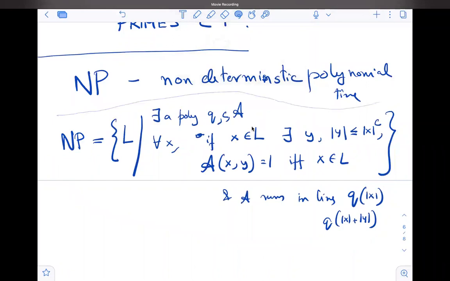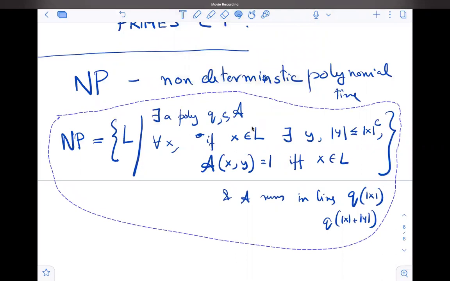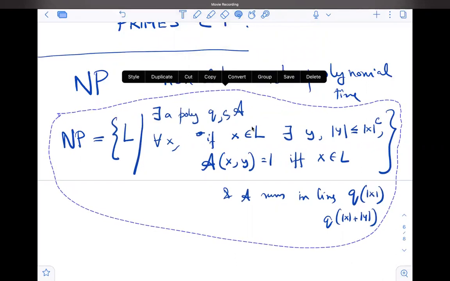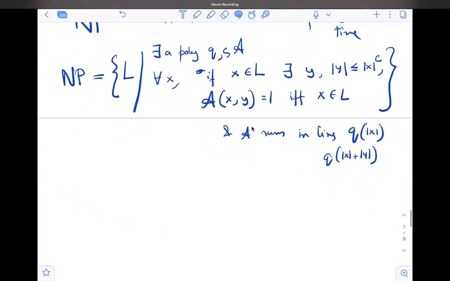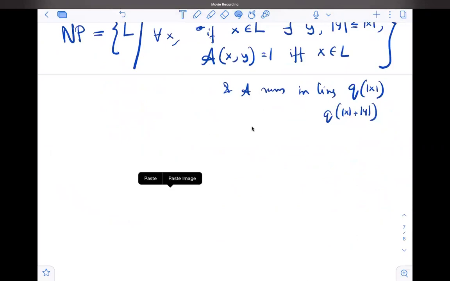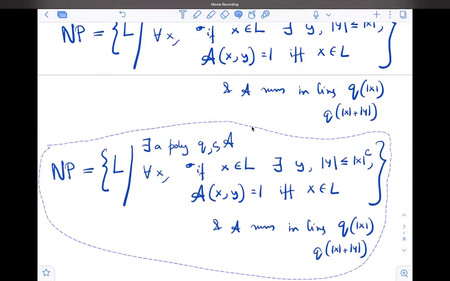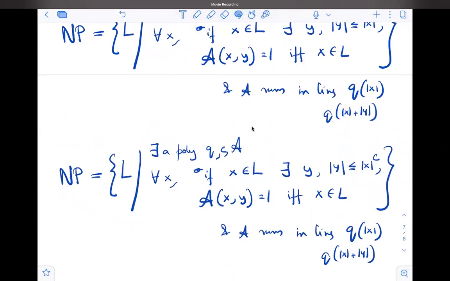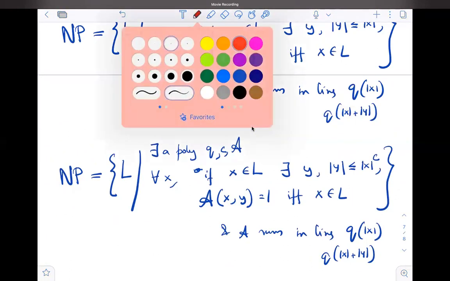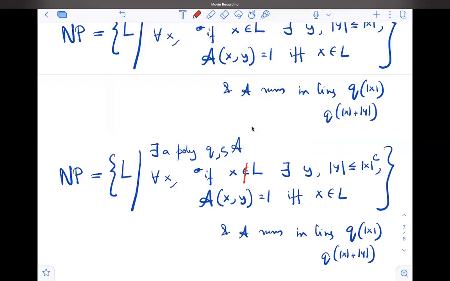Now I'll make a copy of this. If I just change it a little bit, and I say that if x is not in L, then this is the case, and it is 0 if and only if x is not in L. I just made the flip of this whole thing.